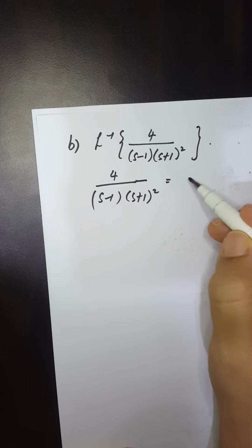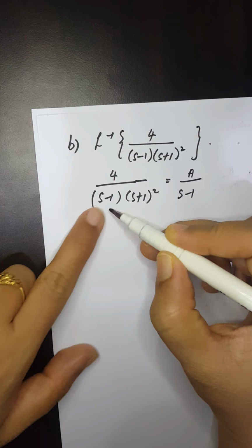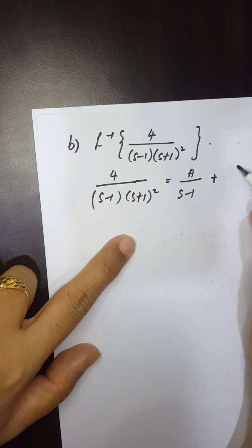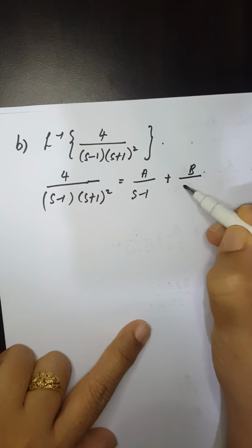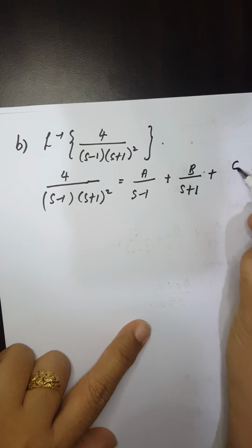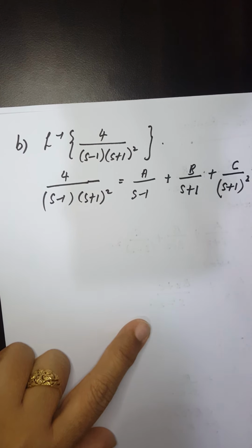Okay, so now we have A over s minus 1, plus B over s plus 1 power 1, and then another term for (s plus 1) squared.